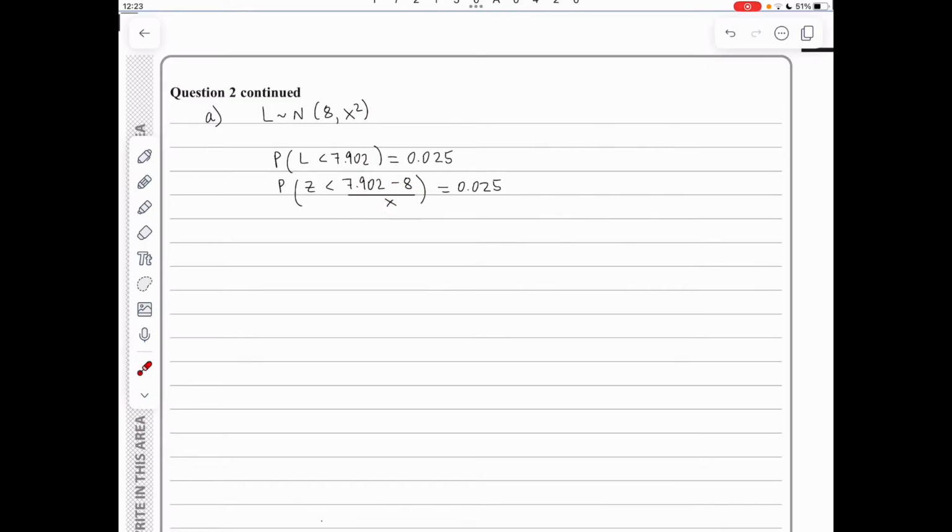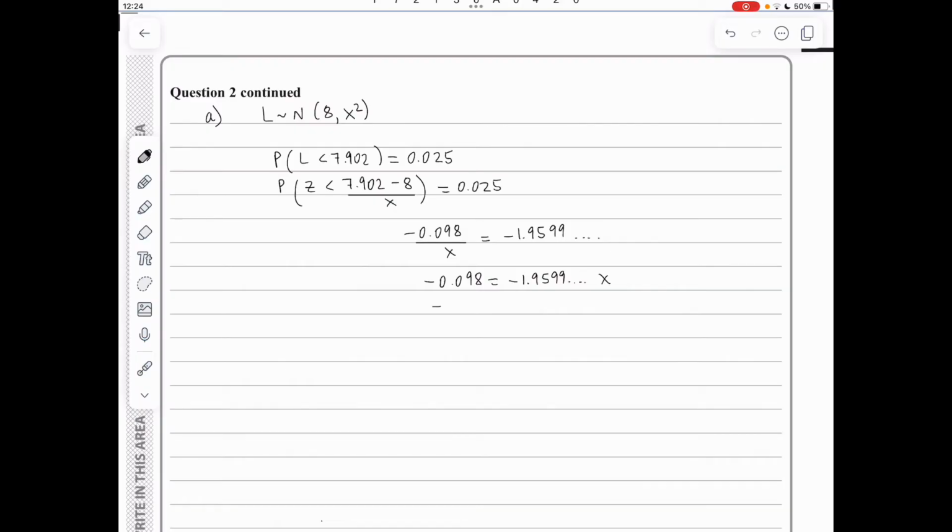And now I'm using the calculator with the inverse normal mode in order to find the corresponding value from the standard normal distribution. Now 7.902 minus 8 is minus 0.098 over x is equal to minus 1.9599 dot dot dot. So negative 0.098 is equal to minus 1.9599 dot dot dot x.